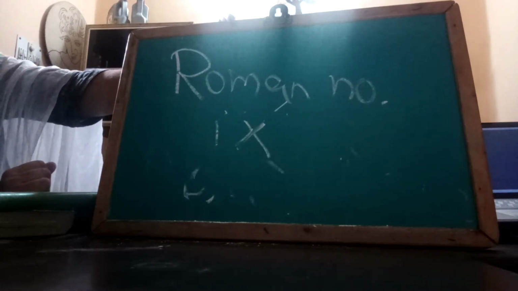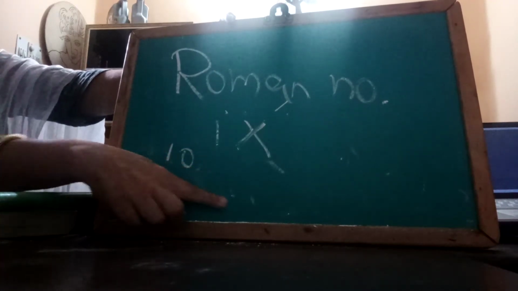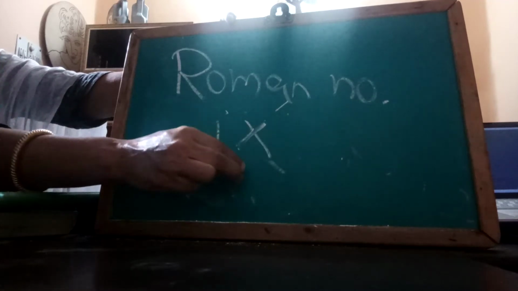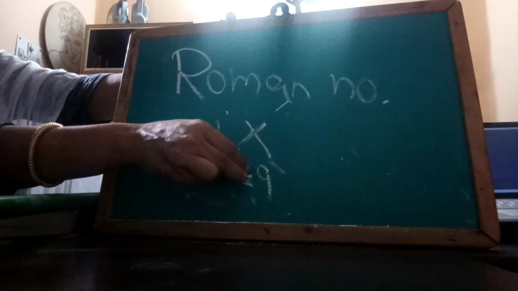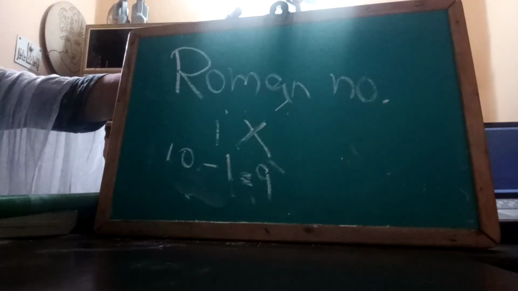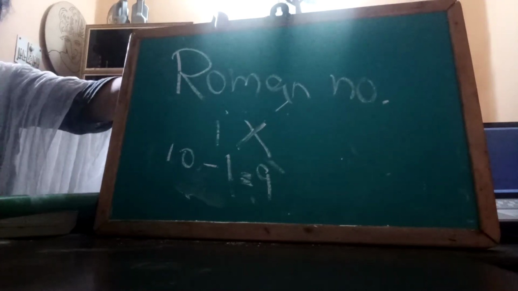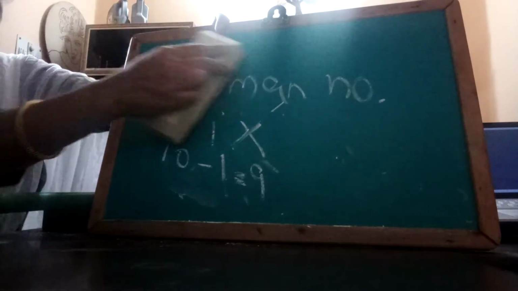Therefore, IX will be 10 minus 1. 10 minus 1 is equal to 9. Now, same way you will do for other numbers. This is just a brief recap. You can refer to my earlier videos to understand that better.